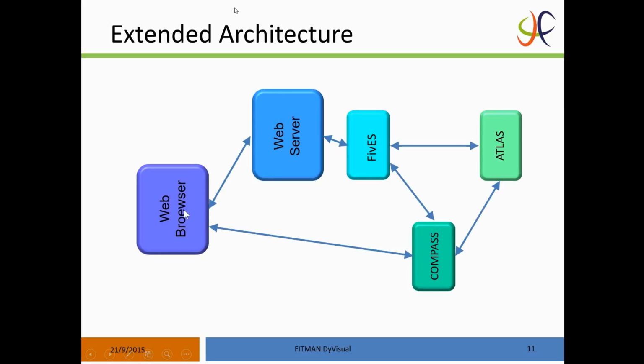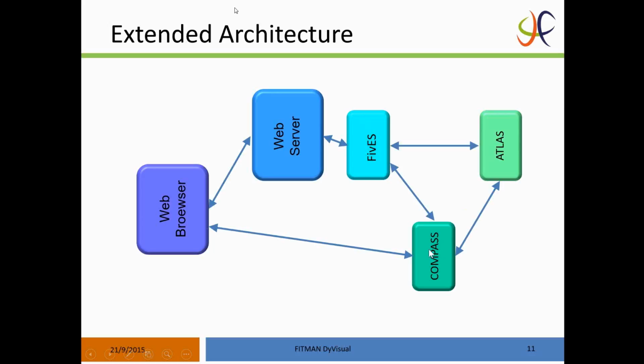We actually have, in the context of Fitman, two specific enablers. One of them we call the 3D Web Viewer, which is based on Compass and is meant to define static sceneries of a complex manner, possibly using FIVES for synchronization of views, but that's it.